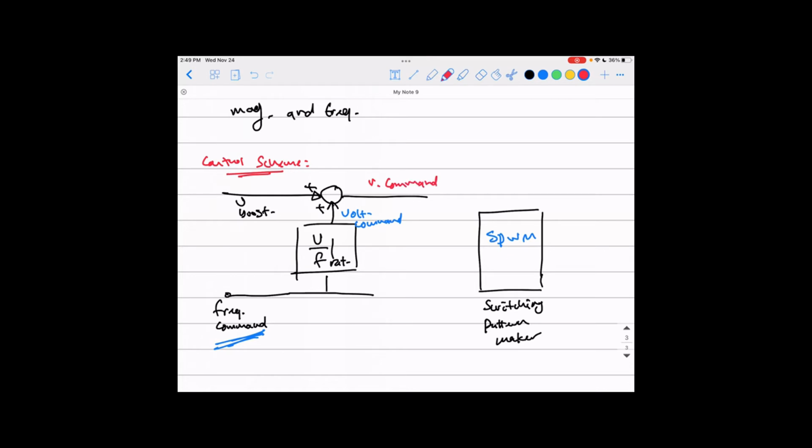The actual voltage command, depending on whether you add the V boost or not, depending on whether you're having a small speed or not. Those two go inside your software, the piece of code that generates your pulses using sinusoidal pulse width modulation like we just illustrated. So you have your voltage command and frequency command.